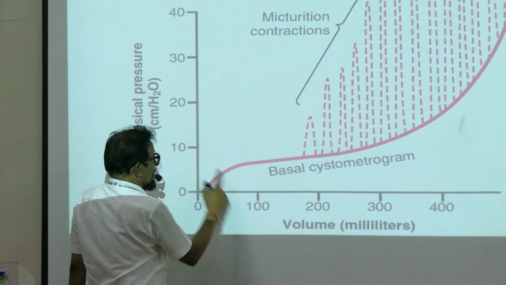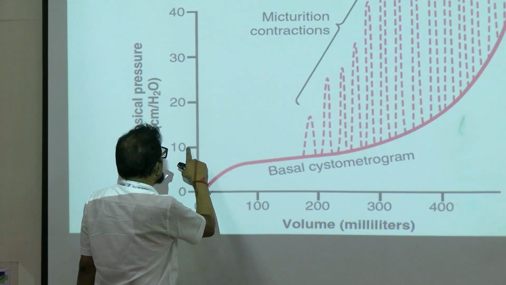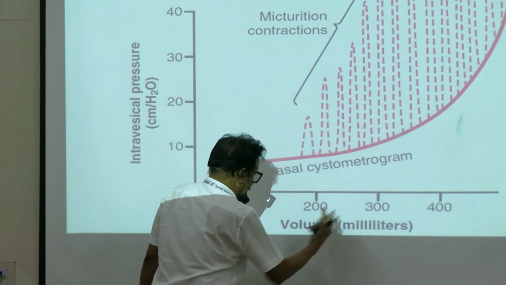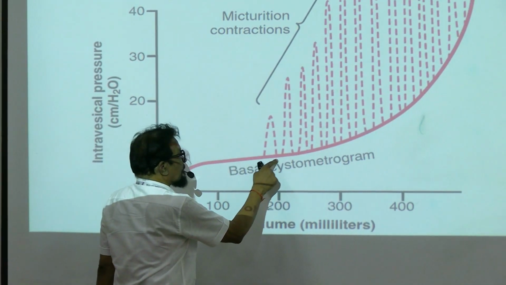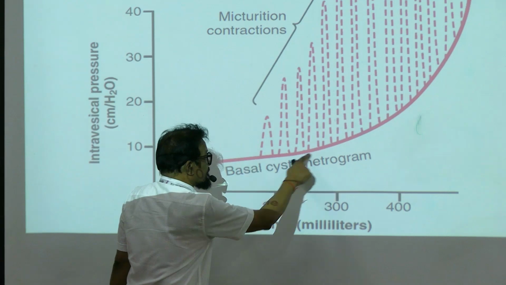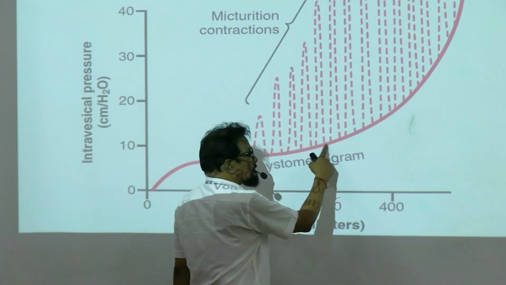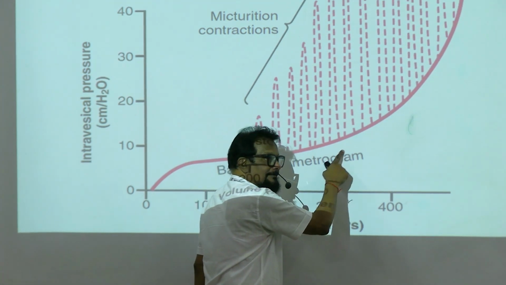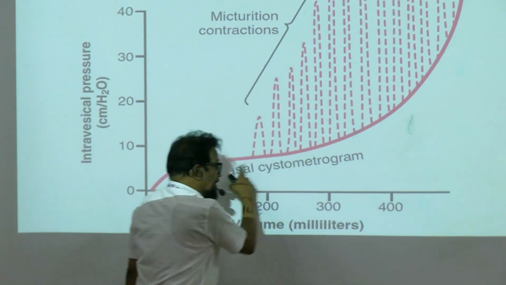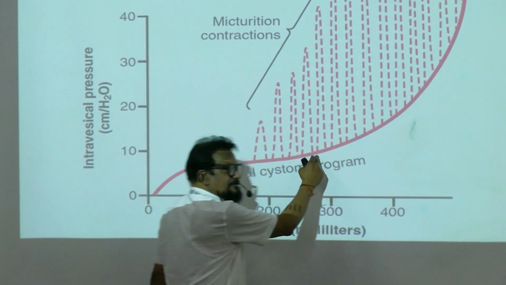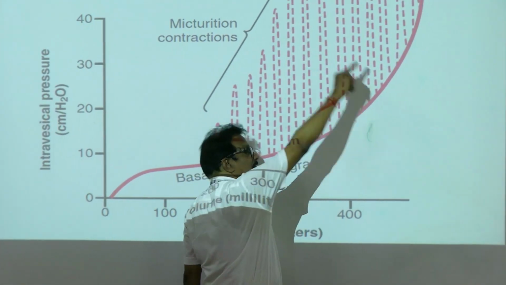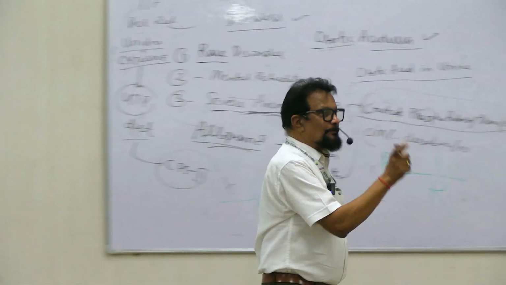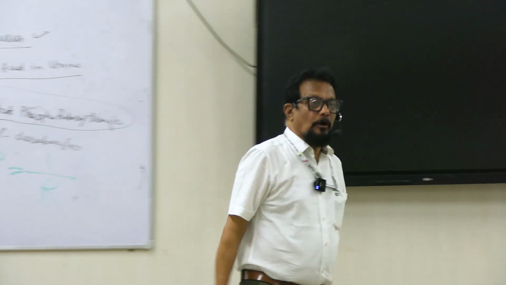But when the pressure came to near about 10 centimeter water, though your volume is rising, pressure is not rising, up to about 250 to 300 ml. Thereafter, there is no plateau. Phase 2 is over. Now phase 3 starts, then gradually pressure is rising. In phase 2, the system follows Laplace law.